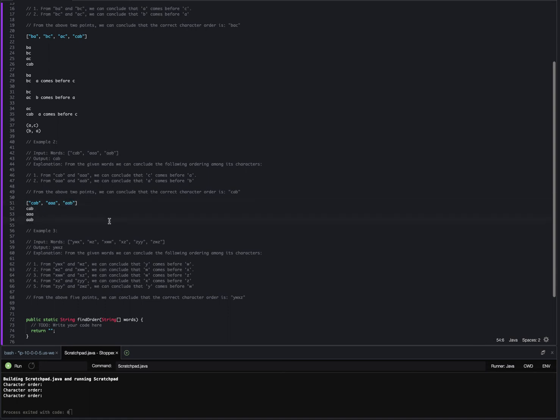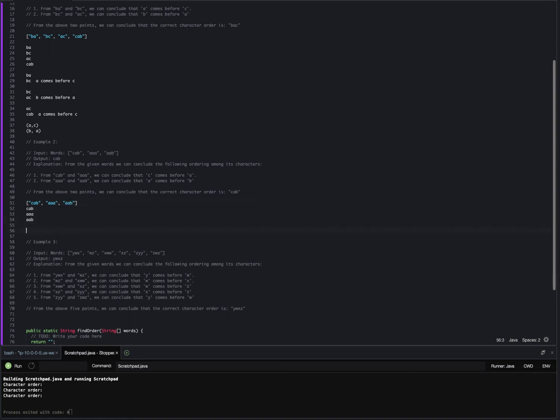From the first two we know C and A, right? From the second two we know A and B. So if we draw a graph, let's copy that and see.